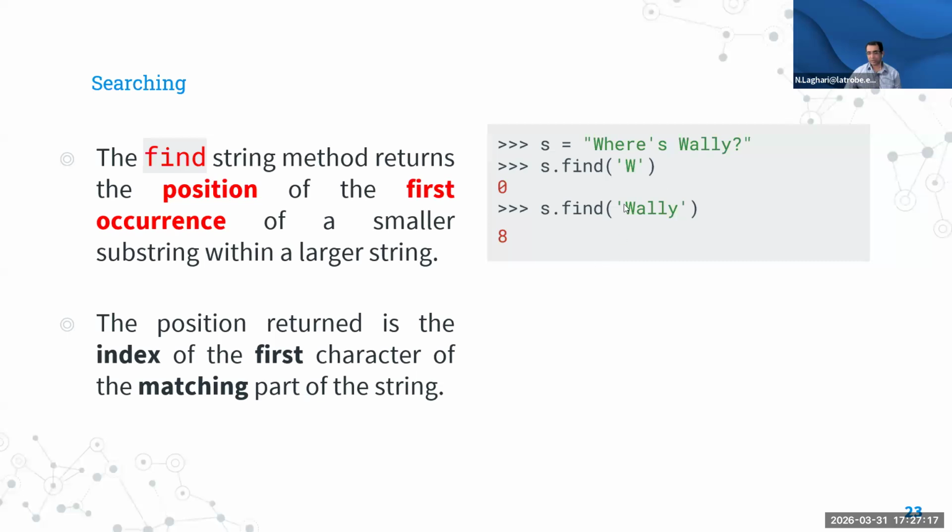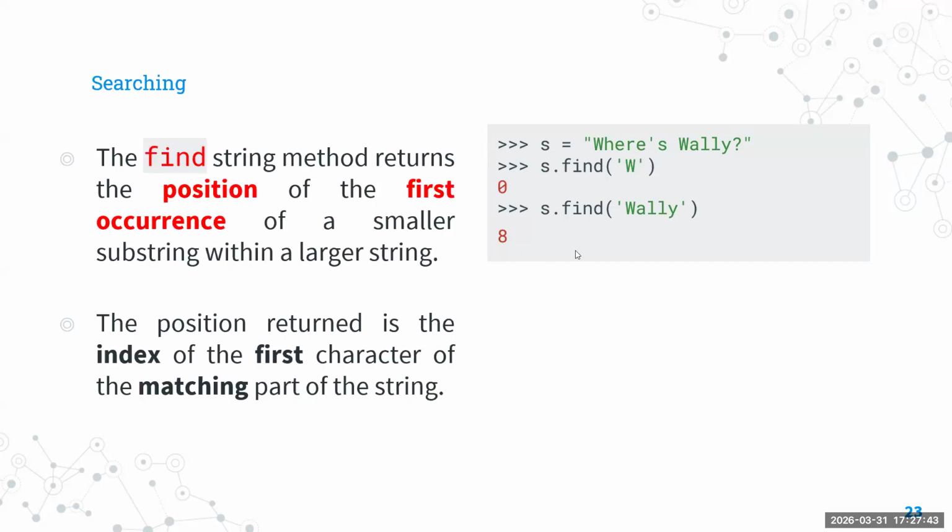You say find me Wally, and it finds that Wally is starting at location 8. Okay, means index 8, but the actual location should be 9. So we can check 0, 1, 2, 3, 4, 5, 6, 7, and 8. All right.